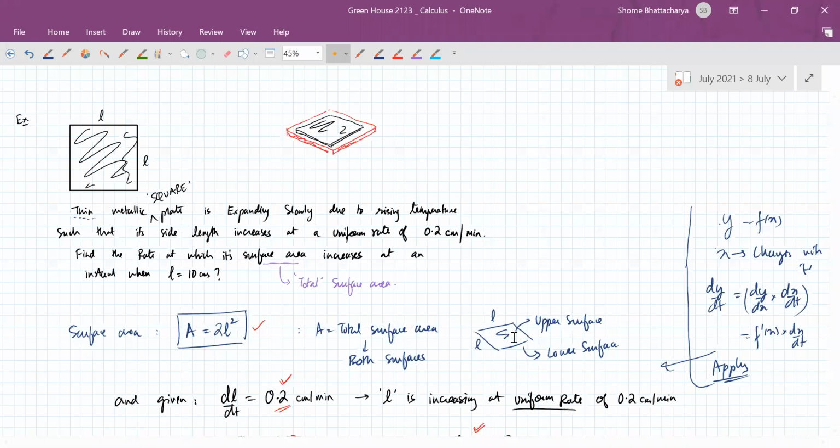Like for example, if you want to apply paint on the surface, how much surface area you have to cover for the whole plate? You have to cover 2L square, no? Yes. Right? So because the question is clearly saying that it's total surface area, not the surface area of one side, but total surface area, we have to take it as 2L square. Yes, sir. You got it understood? Yes, sir. Thank you. Okay, good.